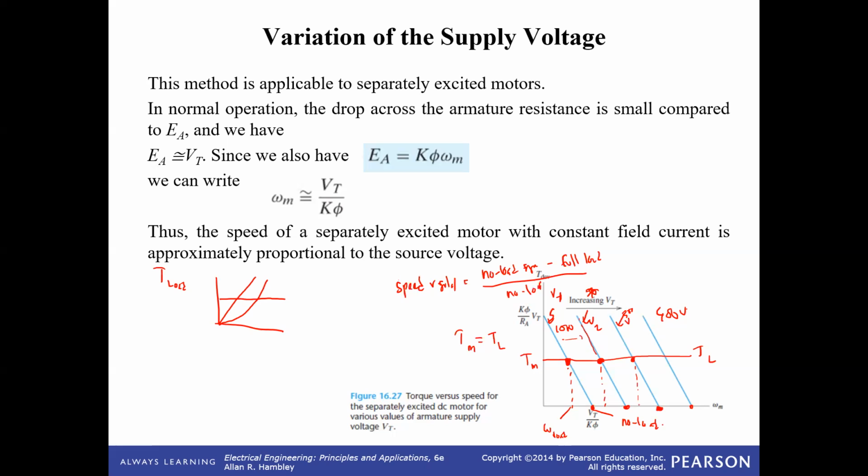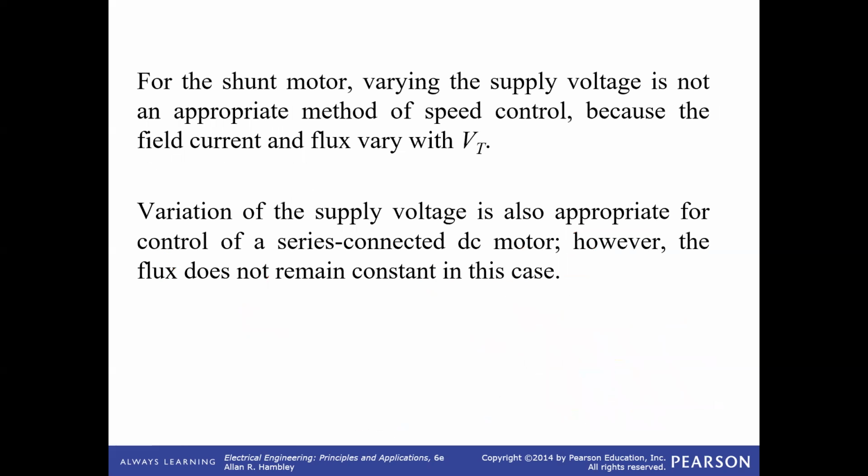Okay, so this is a very simple approach where you need to vary the supply voltage. This can only be applicable for a separately excited DC motor. For a shunt motor, this one is not very appropriate because, as you can see, the shunt motor is like this. The connection: this is your RF and this is your RA, this one is your IA and this one is your IF, and then this is your back EMF.